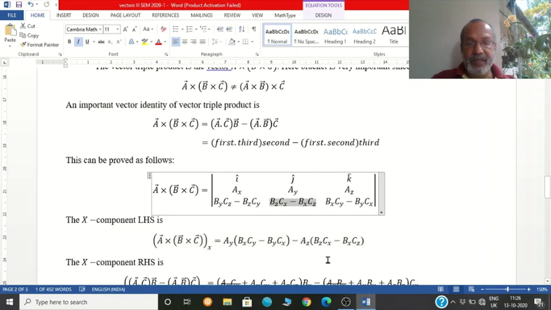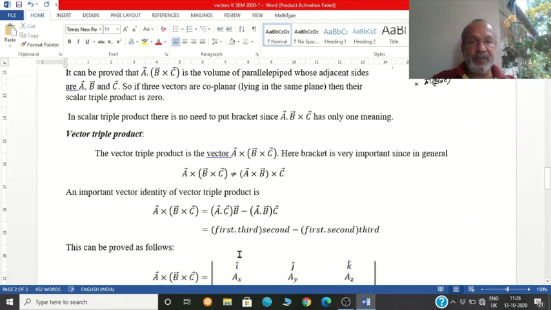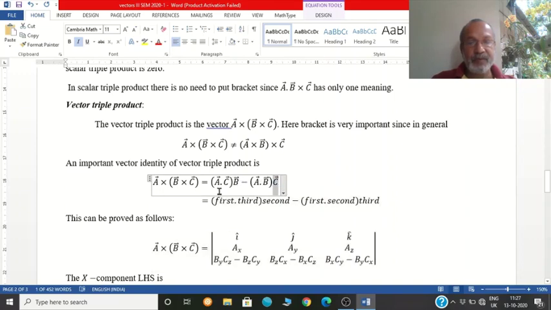So minus AZ into BZ CX minus BX CZ. Now let us find X component of the RHS. Here X component will come from this B and C. Here this A dot C is a scalar.